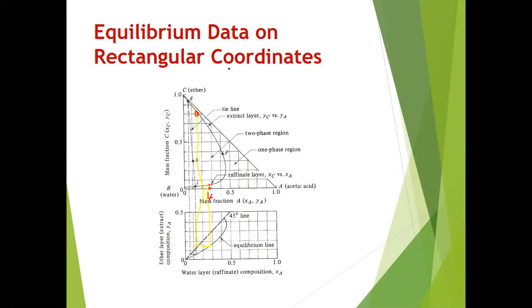Now the one you have here on top is your extract. So this must be V1. And that's it. Out of this point here, you can read the composition of A in V1. You can read the composition of C in V1 and then subtract the sum of the two from 1. That would be like your B in V1.